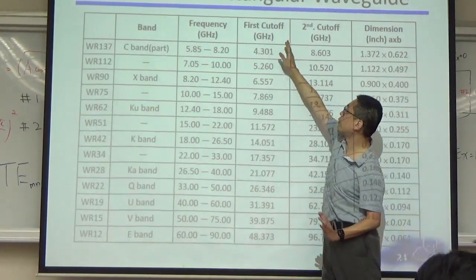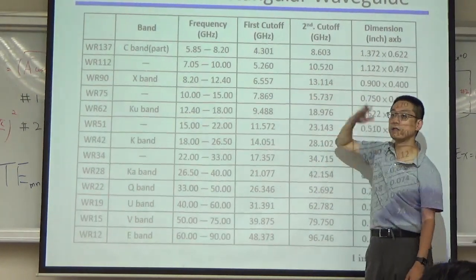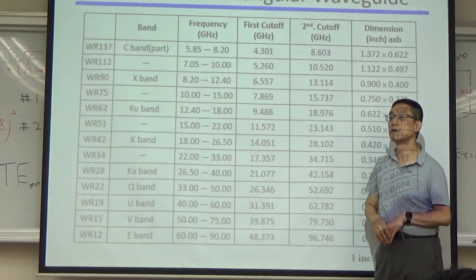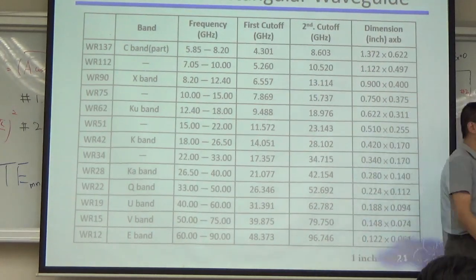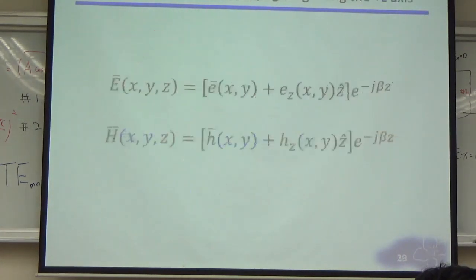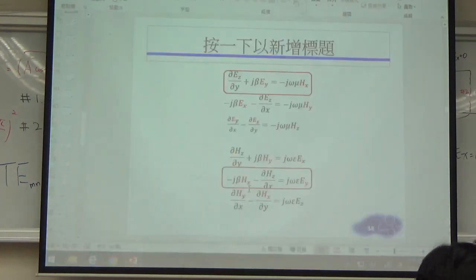For the table, for the first and the second, it depends on how many modes. You just put all the numbers, and you also have the TM mode. Can you guys follow?